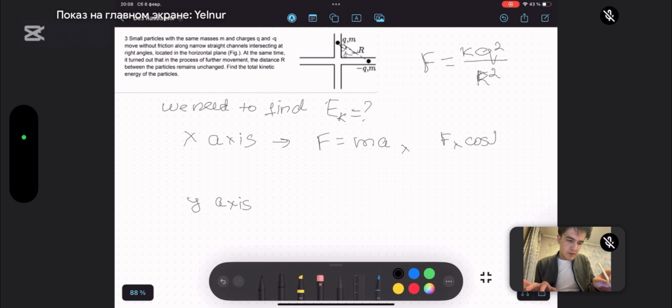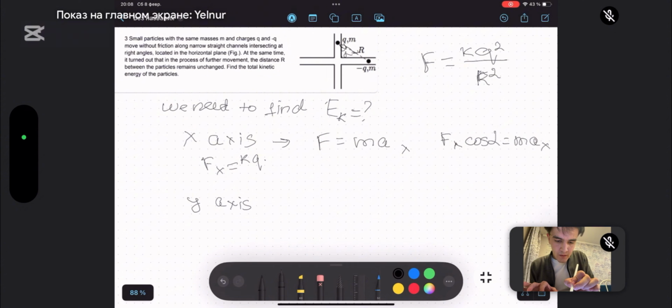According to this law, F equals ma will be equal to F cosine alpha, and here F is given by Coulomb's law.